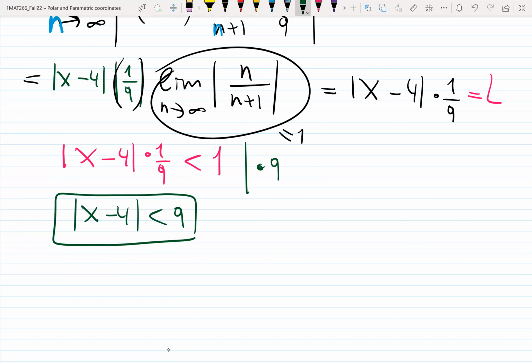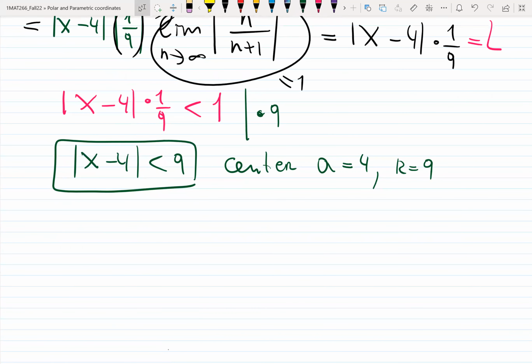This form gives you the radius and the center right away. The center is 4, a is 4, and the radius is 9. Now keep solving. x minus 4 is from minus 9 to 9.